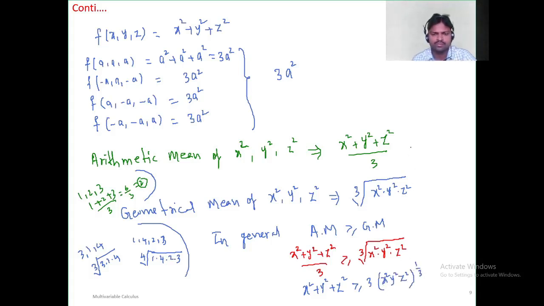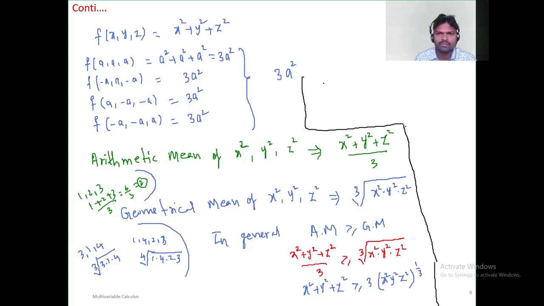Let me write here itself. So this will be x square plus y square plus z square, which is more than or equal to 3 times (x into y into z) whole square, but power 1 by 3, so 2 by 3 I can write.